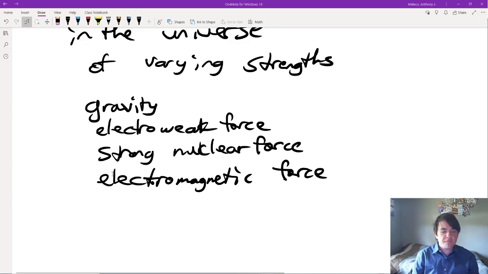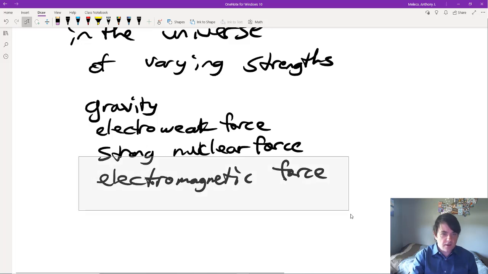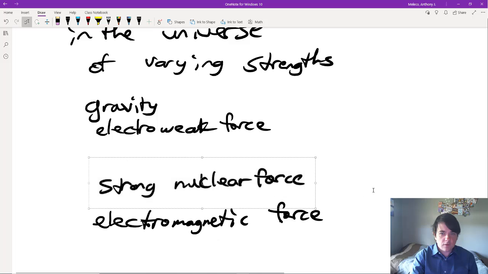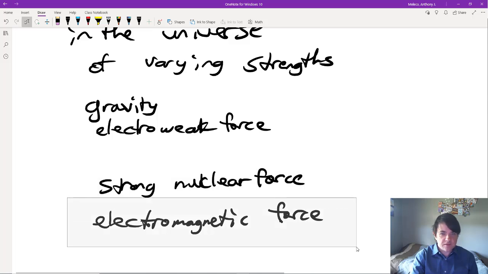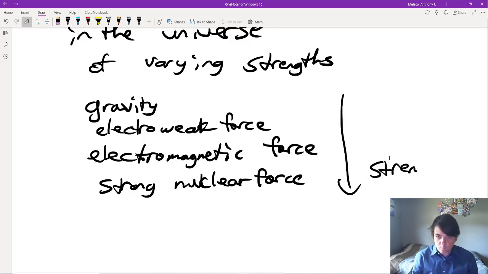I believe the order of strength is, let's move that down, I think it goes like this, with increasing strength.